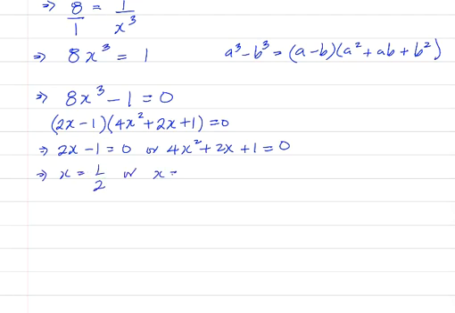To solve the other factor, let's use the quadratic formula. x is equal to minus b, which is 2, plus or minus the square root of b squared, which is 2 squared, minus 4 times a, which is 4, times c, which is 1, all over 2a.